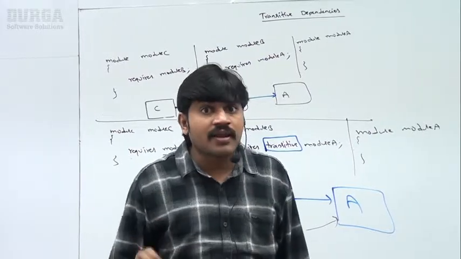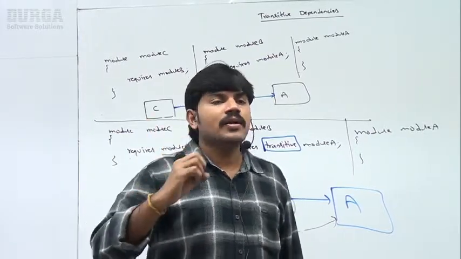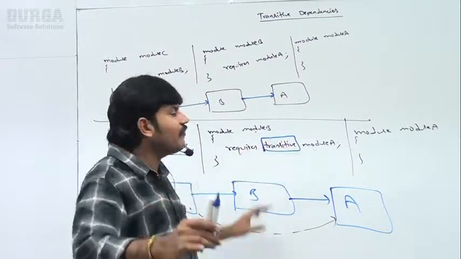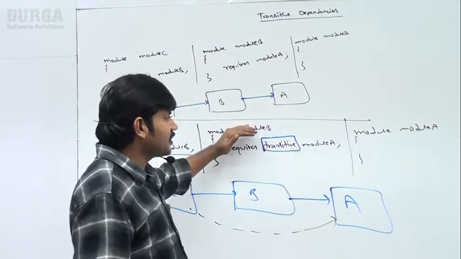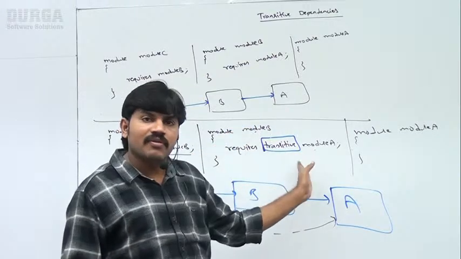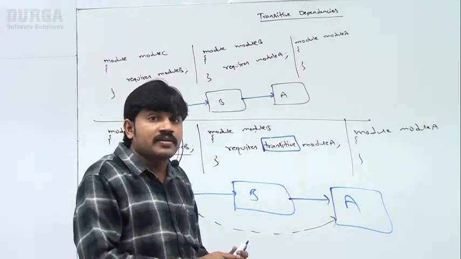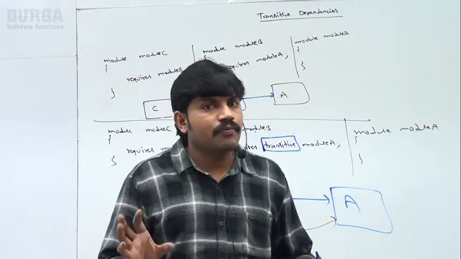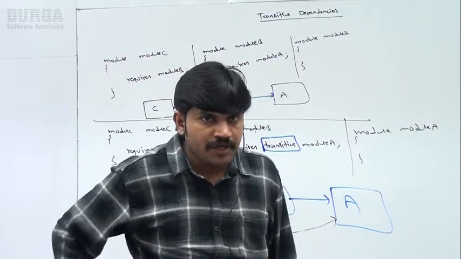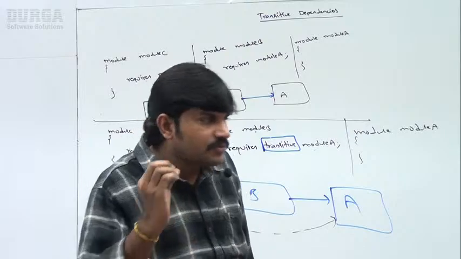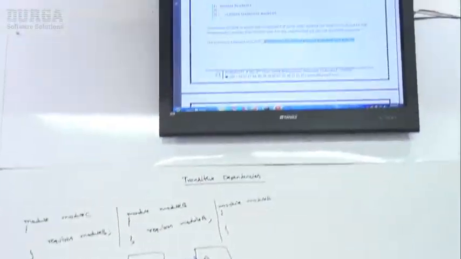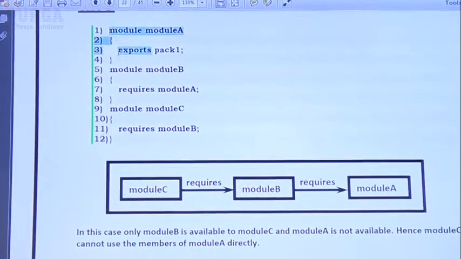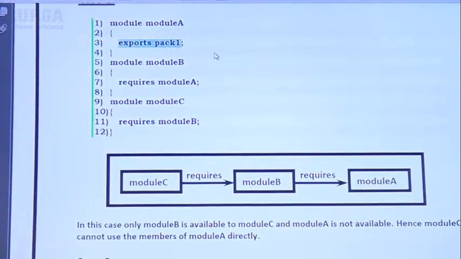What is the meaning of transitive? Okay, sir, I want module B requires module A not only for itself, but even if any other person is going to ask, automatically I will provide. Such type of thing is nothing but transitive dependency, right? Are you in a position to understand? Just observe that, sir. Here, module A exports, a namesake package I took.